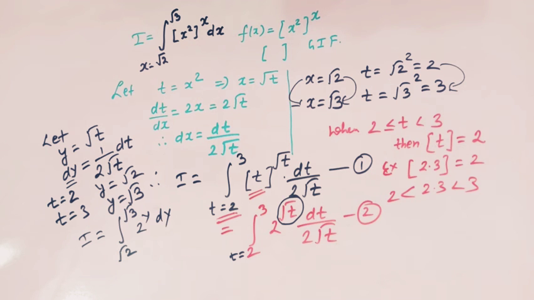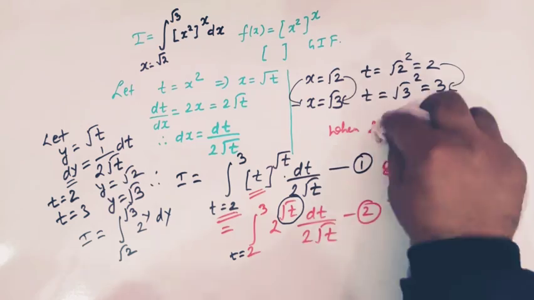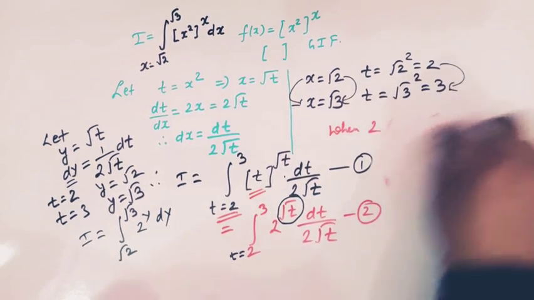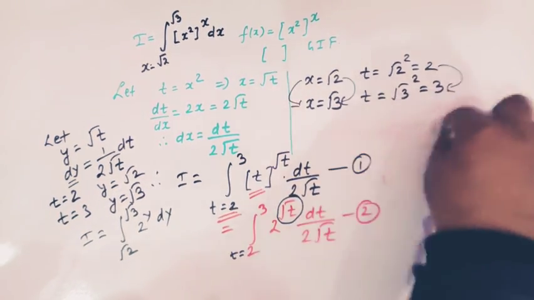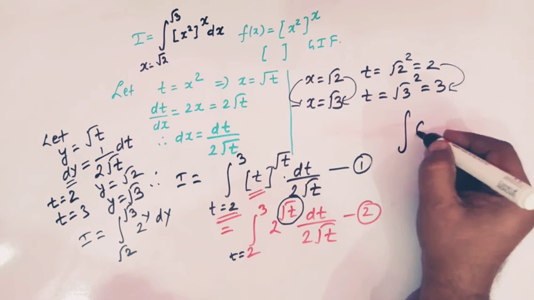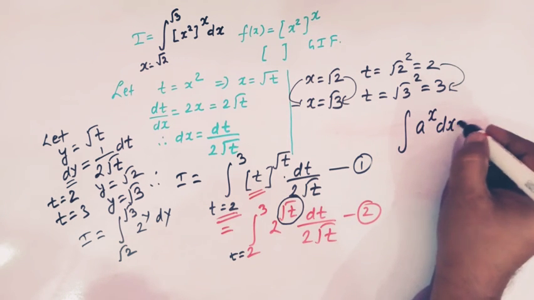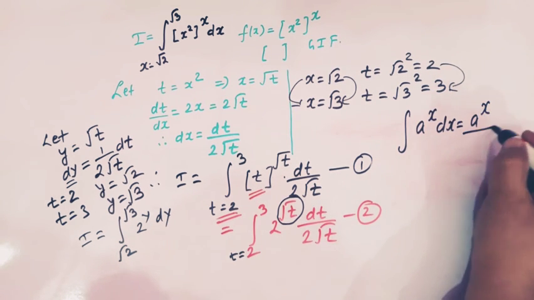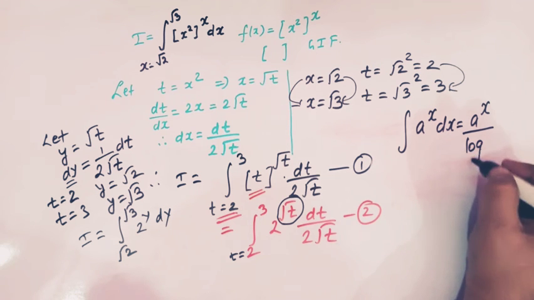Now this integral can be calculated by making use of a standard result, and the result is the integral of a raised to x dx is equal to a raised to x over log of a.